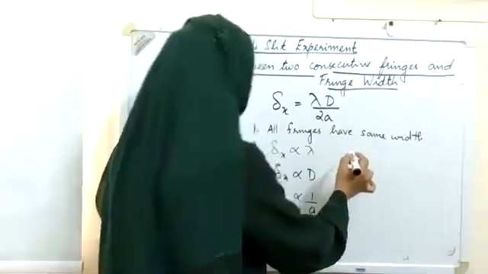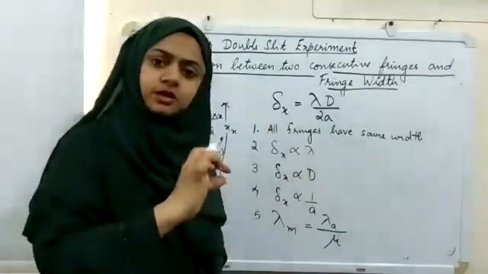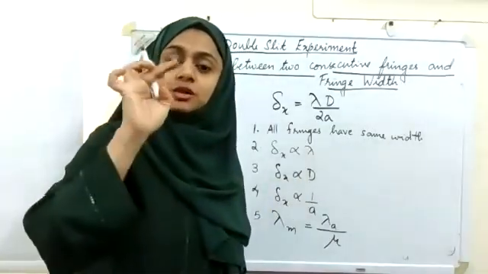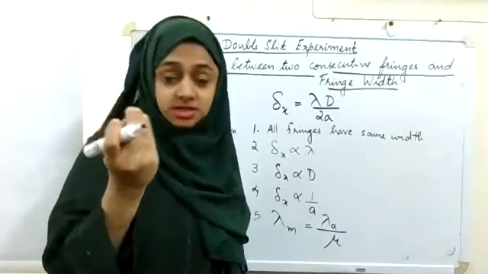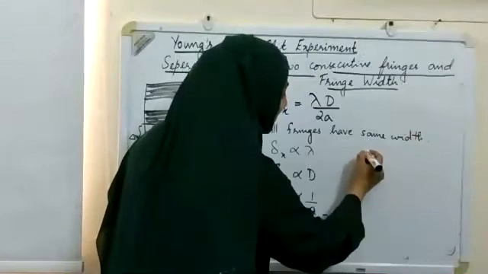Now, another thing, suppose you are placing in the path of one of the rays a small plate having thickness T and refractive index mu. Let me draw the diagram again.